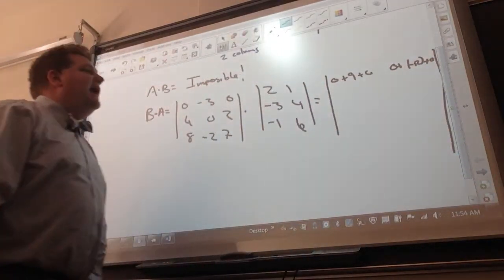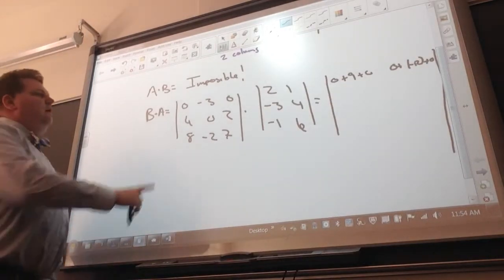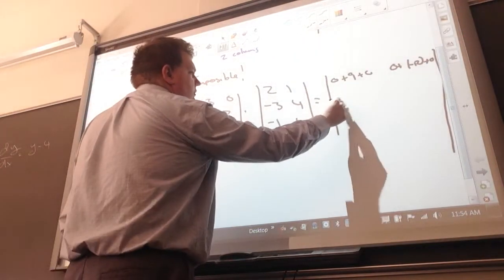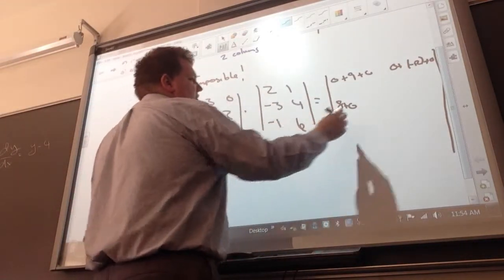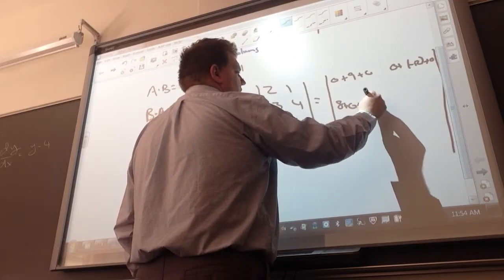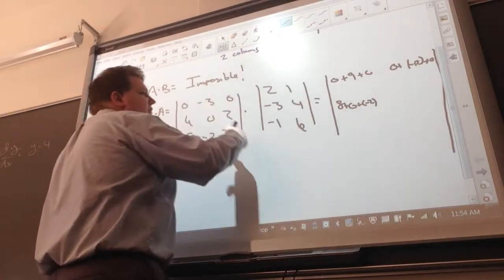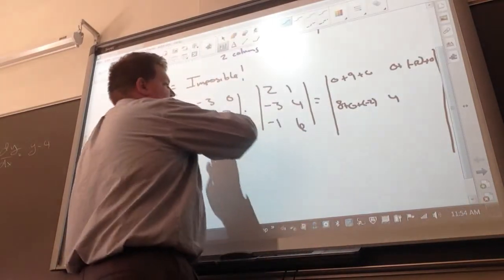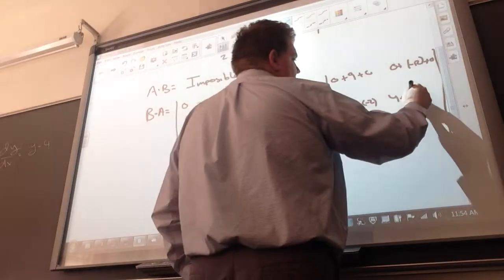Now, we're done with columns, so we move on to our next row and repeat the process. 4 times 2 is 8. 0 times negative 3 is 0. 2 times negative 1 is negative 2. Then we repeat. 4 times 1 is 4. 0 times 4 is 0. 2 times 6 is 12.